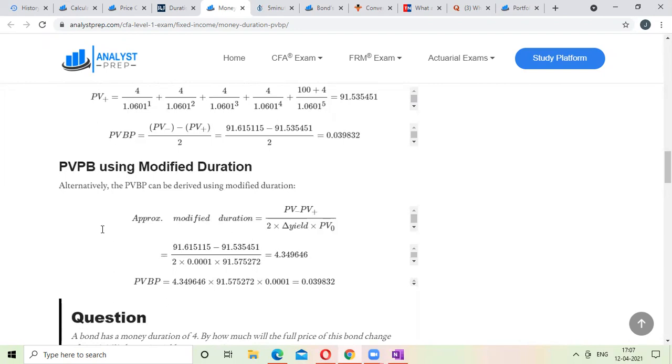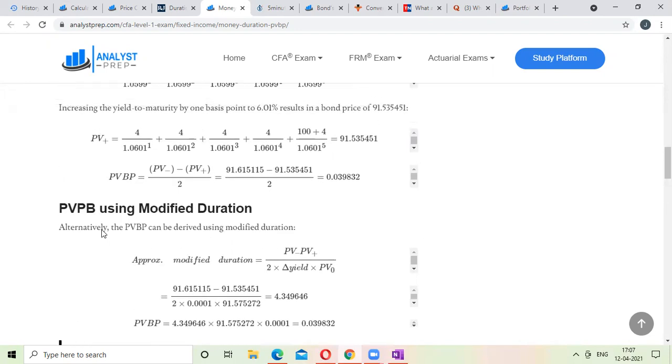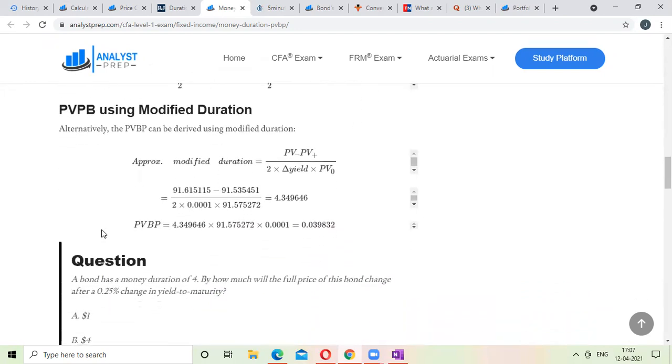And see, at times PVBP you can do with the help of modified duration even. So कैसे करेंगे? अप्रॉक्स मॉडिफाइड ड्यूरेशन का फॉर्मूला ये है. इसमें बस आप पुट कर दो सारे वैल्यूज which you have found out here, plug and play, आपको वैल्यू आ जाएगा.